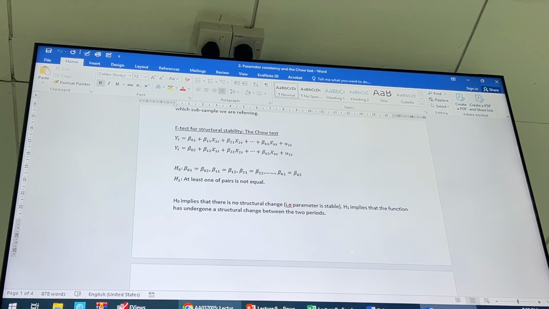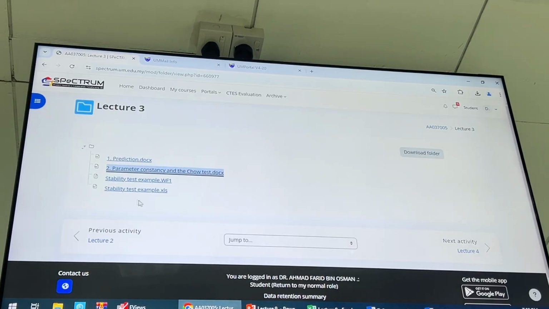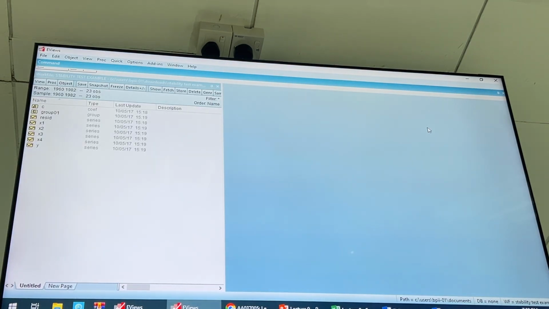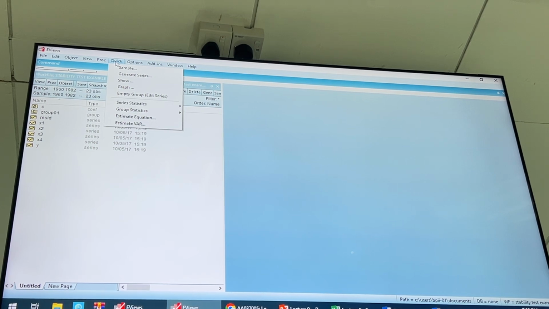So you open the same data that we used before for the stability test. Recall how we performed the test before. We estimate the model first, as usual.